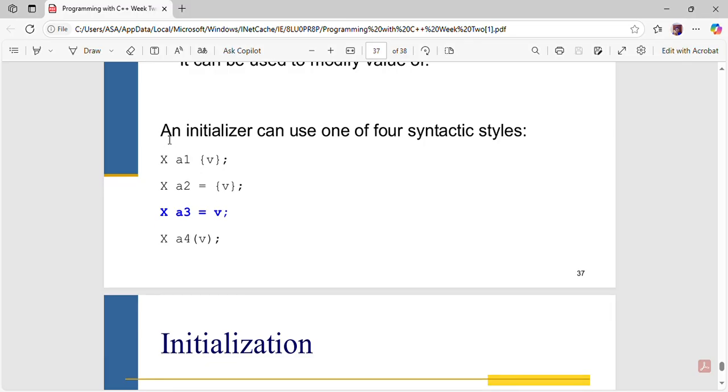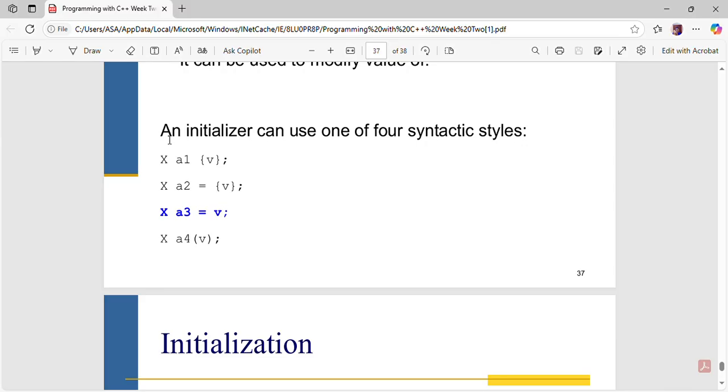So an initializer can use one of 4 syntactic styles. Let's look at these 4 syntactic styles then. We have X a1 {V}, with curly braces closed up as well.